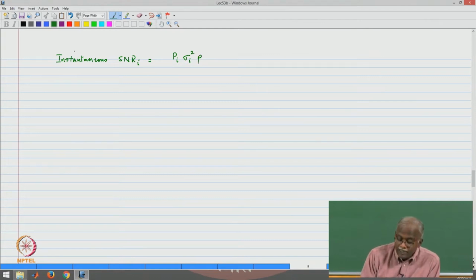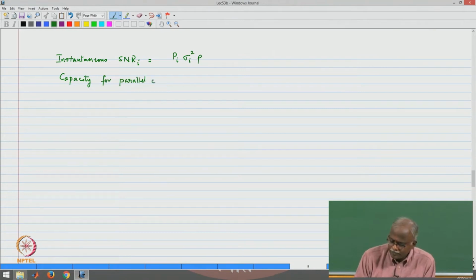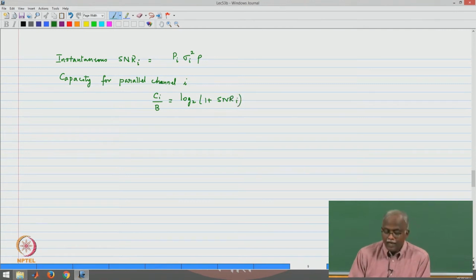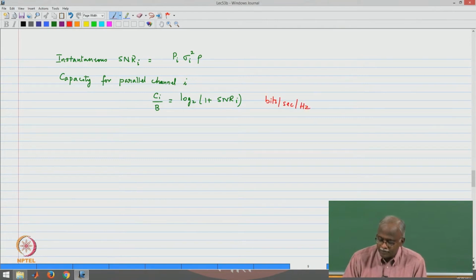Now, the capacity for this channel, based on the Shannon capacity formula, for the parallel channel I, we have L parallel channels, looking at one of them, parallel channel I, is given by Ci divided by B equal to logarithm base 2 of 1 plus SNR subscript I, and the units, since it is a normalized expression, will be bits per second per hertz.